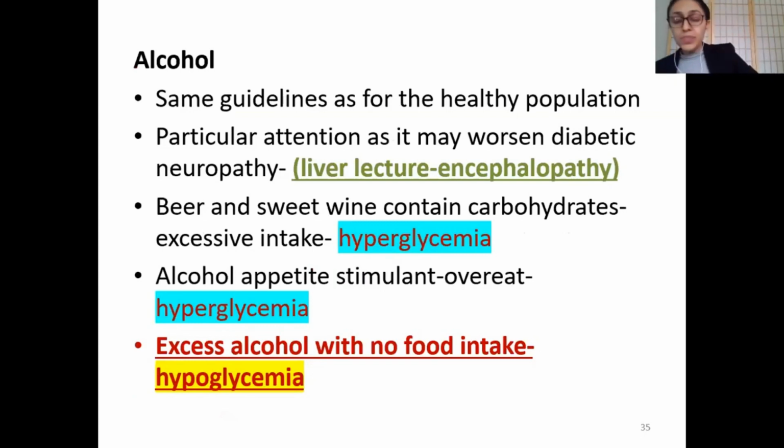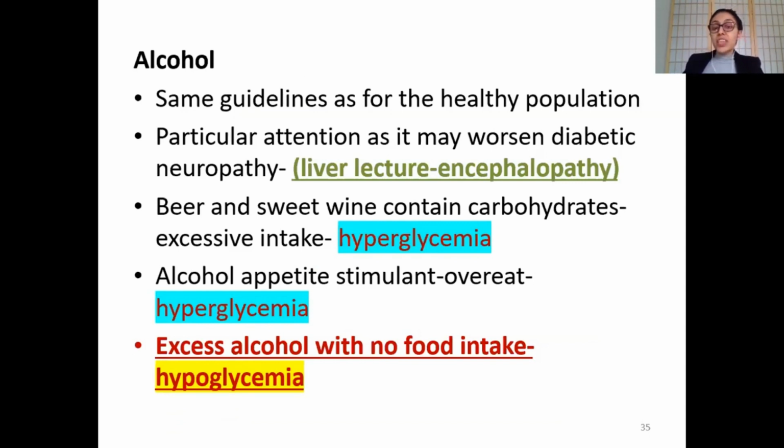So now alcohol. Yes, the guidelines are the same for the healthy population. Now, very important is that, as you know, for a diabetic individual, the baseline functioning of glucose metabolism is impaired.